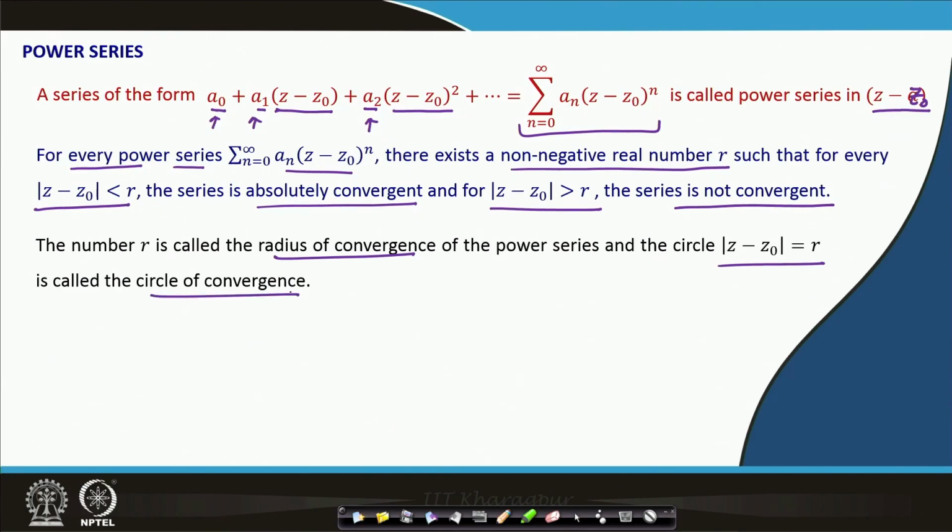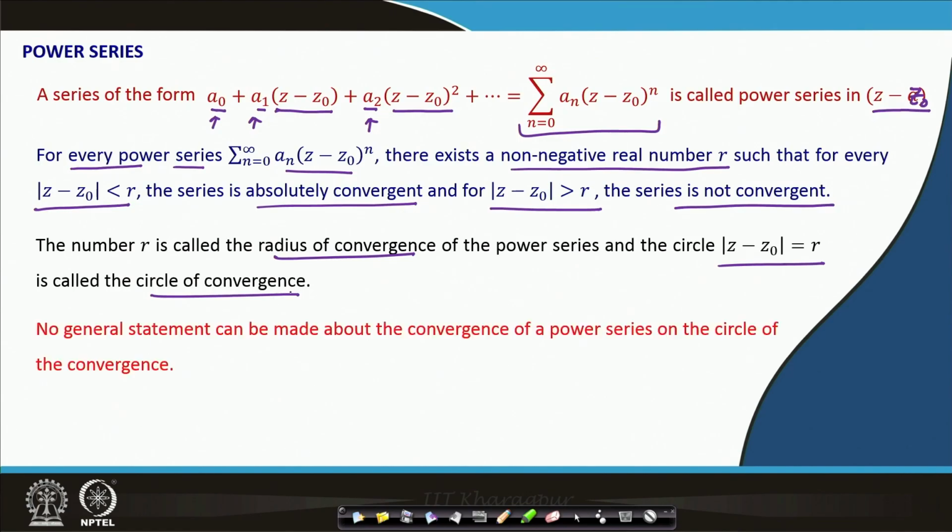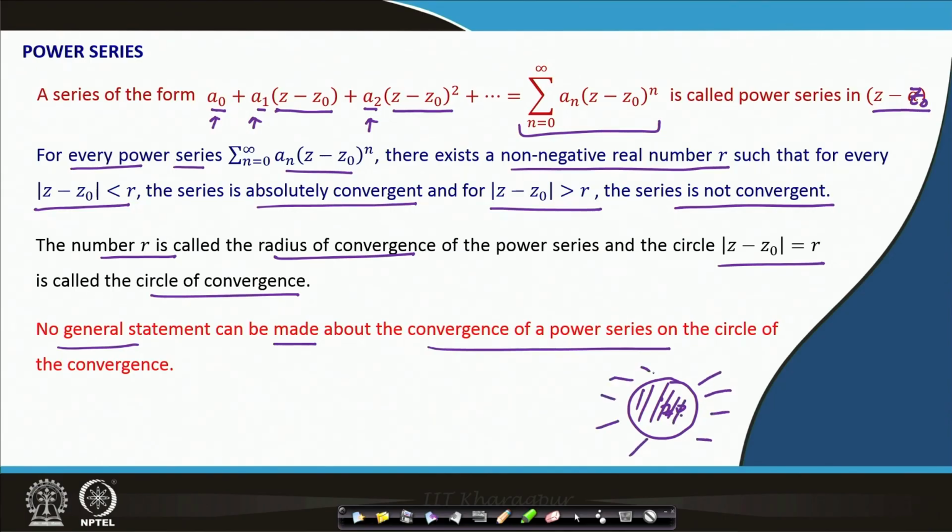So, in the context of complex numbers, it is the same as what we have learnt for real numbers, and no general statement can be made about the convergence of a power series on the circle of convergence. Inside this circle with center z0 the series will converge, and outside the series will diverge, and on the circle we have no information.